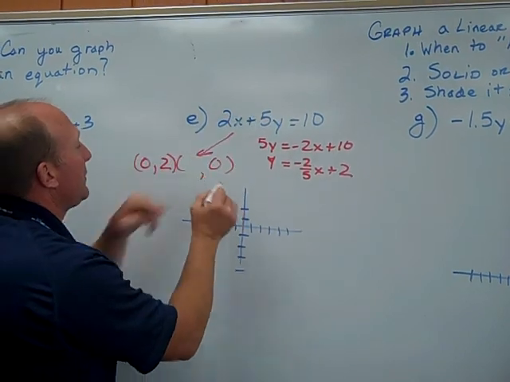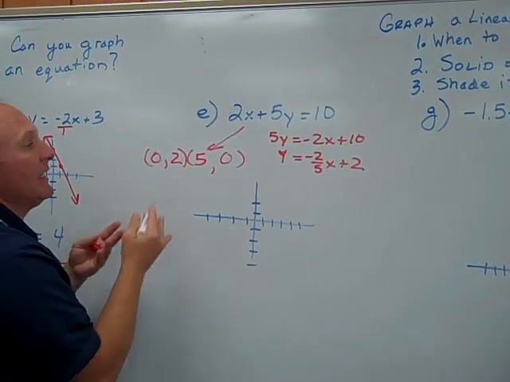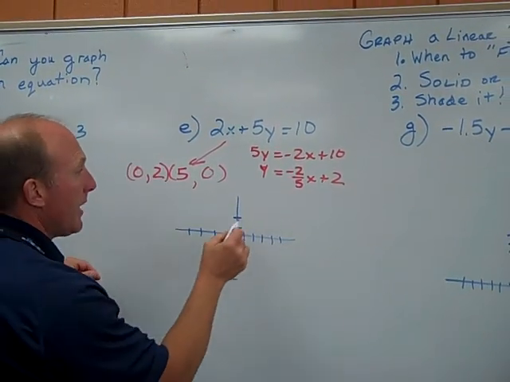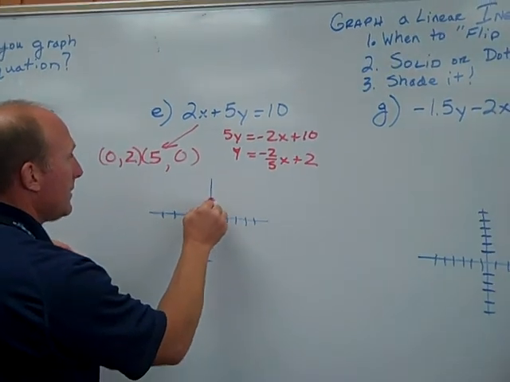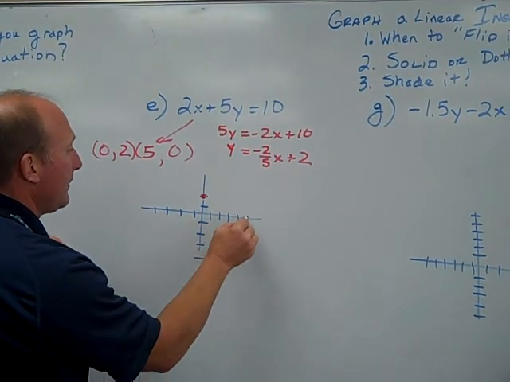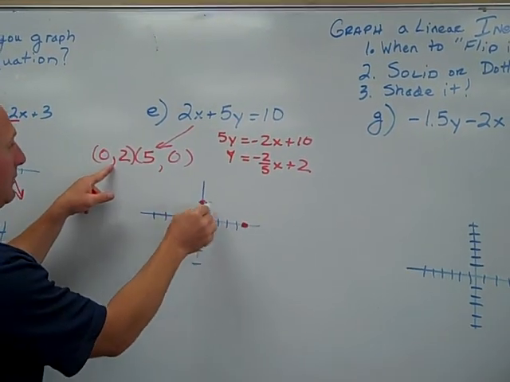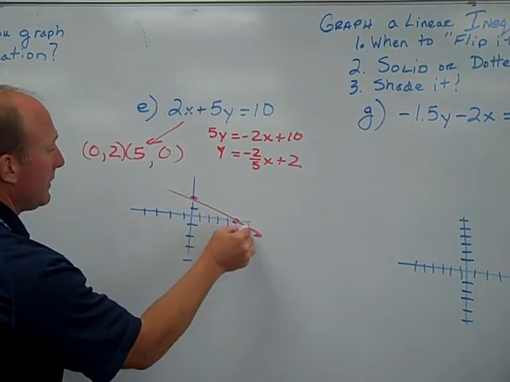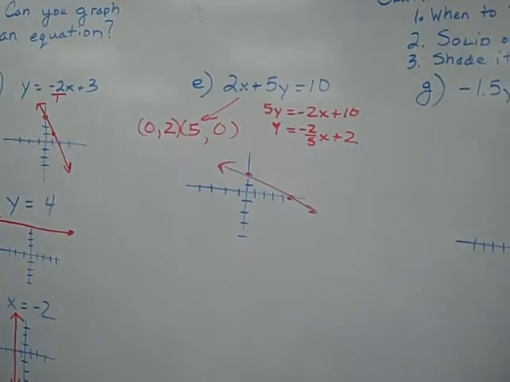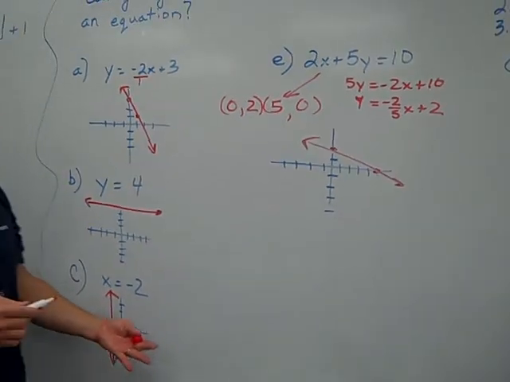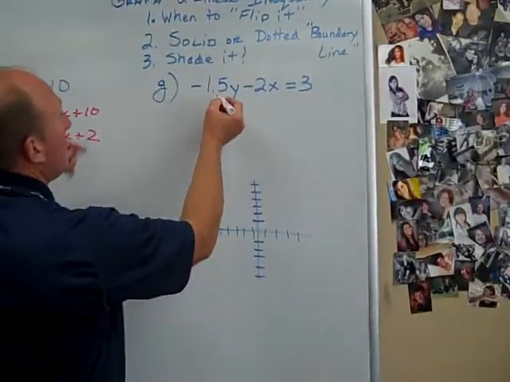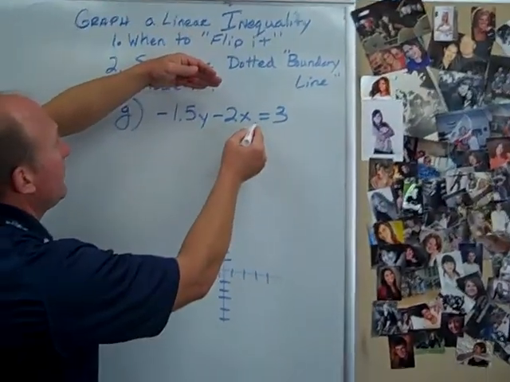What times 2 equals 10? 5. Either way is fine with me. I'm going to just use this one. Down 2 over 5. If I chose that one, 0, 2, 5, 0. It's nice. Any problems? When you get this last one, you think, oh, geez, I got decimals. It's not a big deal.